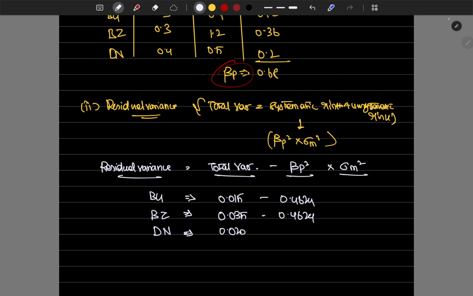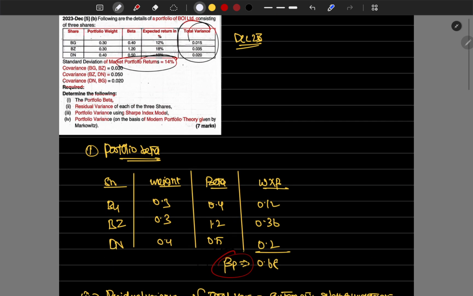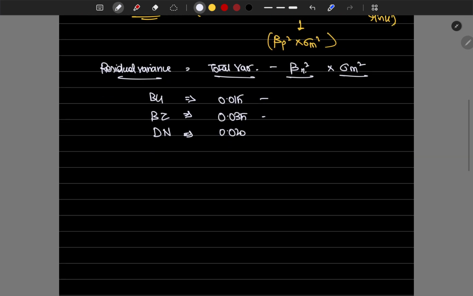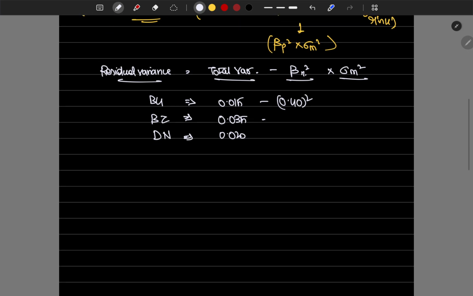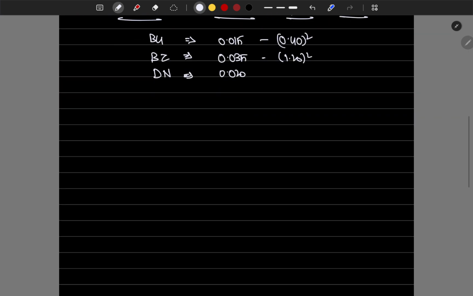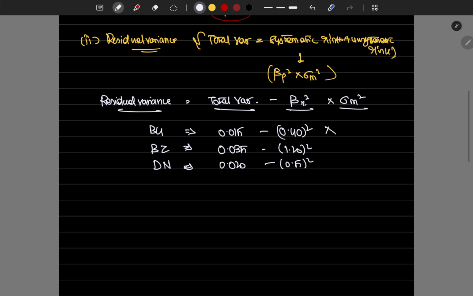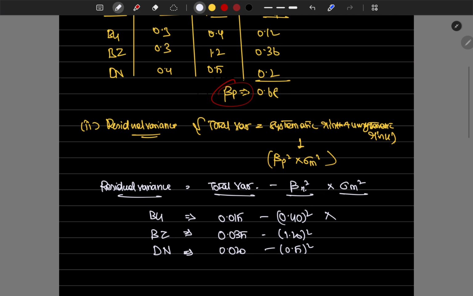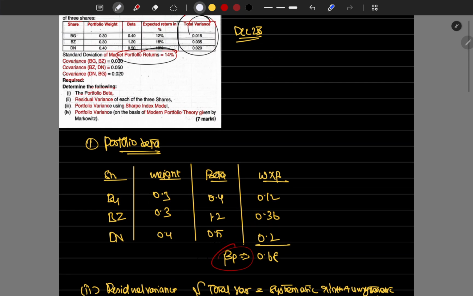Sorry, we have individual stocks' beta now. So 0.40 square, 1.20 square, 0.5 square, into sigma market square. We have sigma market, which is the standard deviation of the market.